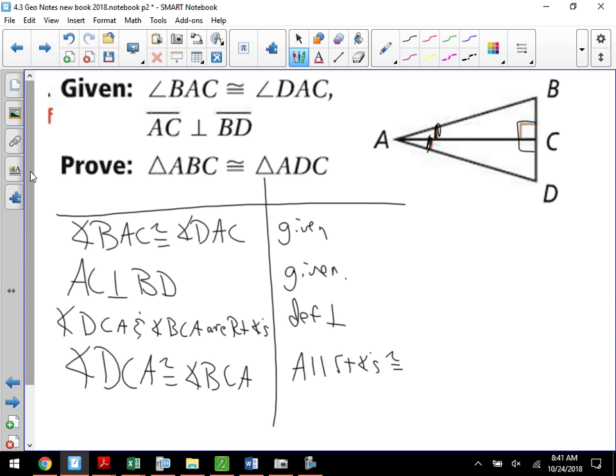What's left? You have two angles, and there's nothing on here that says two angles. You need another side. Where's the side? Not bisect, it's reflexive.